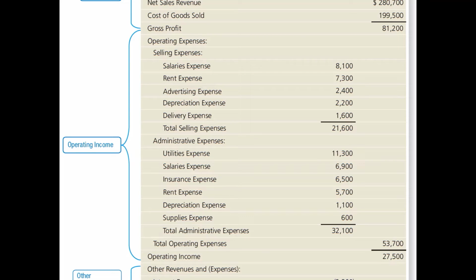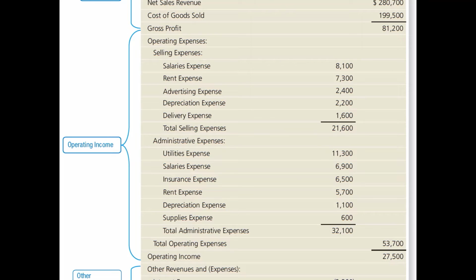So this is a number we want to have separate so that we can see how efficiently our expenses are working to bring in sales. The administrative expenses, they don't work so hard to bring in sales. They work harder just to support the operations of the business. So we do want to see a total here, but we're not going to compare it to our sales so much as just to watch these numbers as compared to a budget.